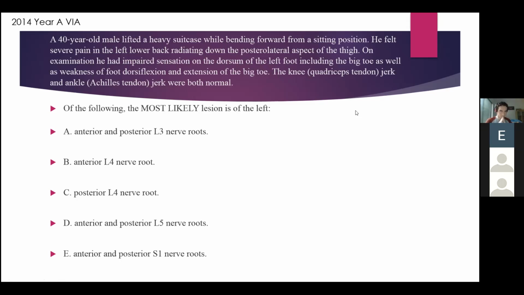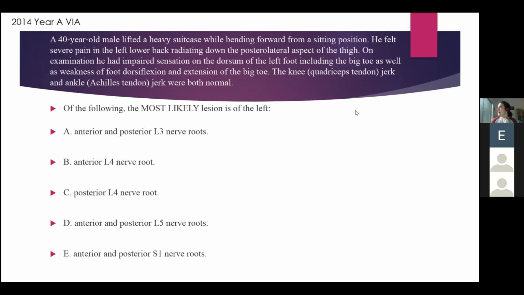Again, really not sure. I mean, because I was thinking it could be to do with the sciatic nerve. Yeah, I'm really not sure. I'm sorry. No, that's right.